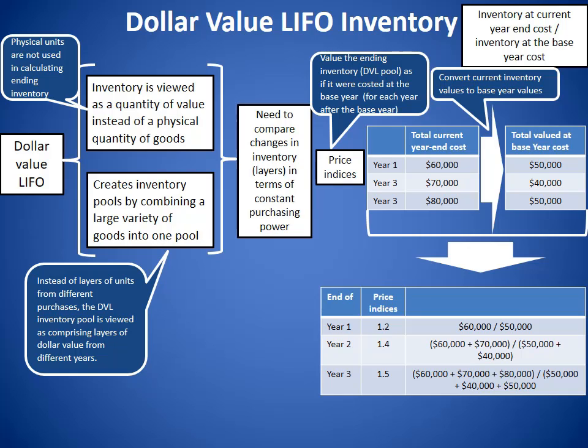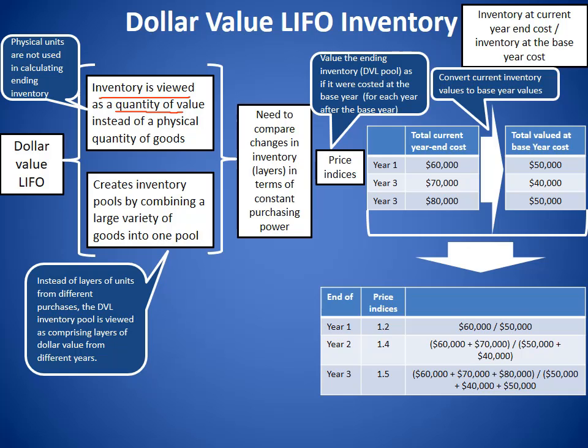The cool thing in dollar value LIFO is we don't need physical units to calculate our ending inventory. We can do it through what we call dollar value LIFO cost pools. Because of this, inventory is viewed as a quantity of value instead of physical quantities of goods.